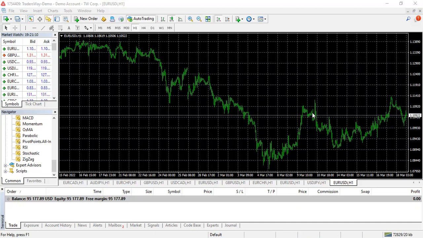I believe you can see my whiteboard. So you have 1,000 US dollars. You credit your account with 1,000 US dollars, and you want to trade this 100,000.